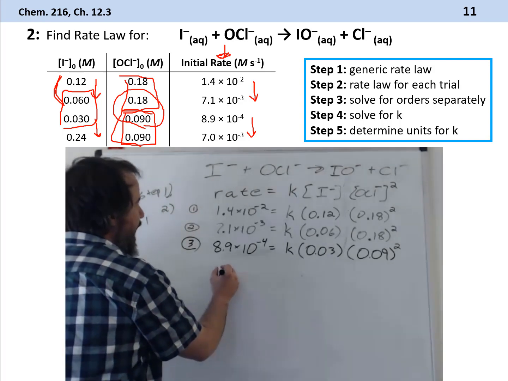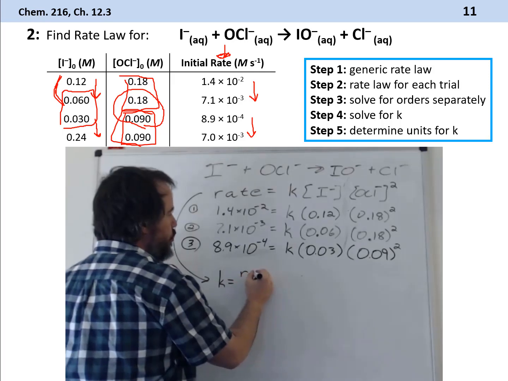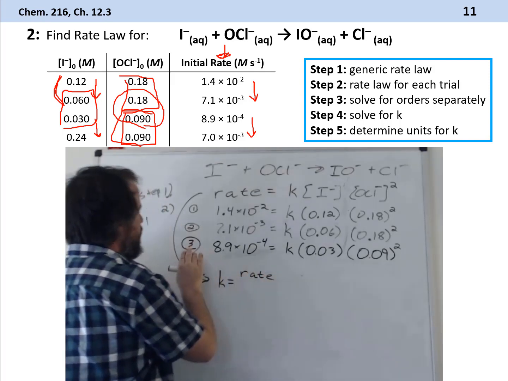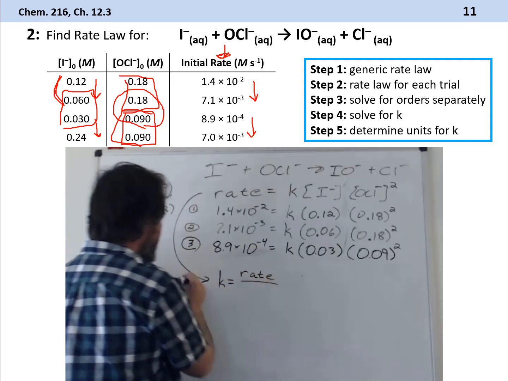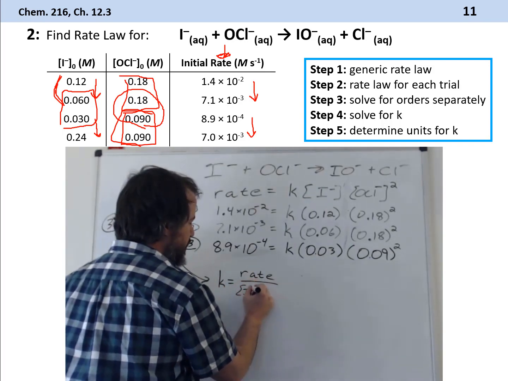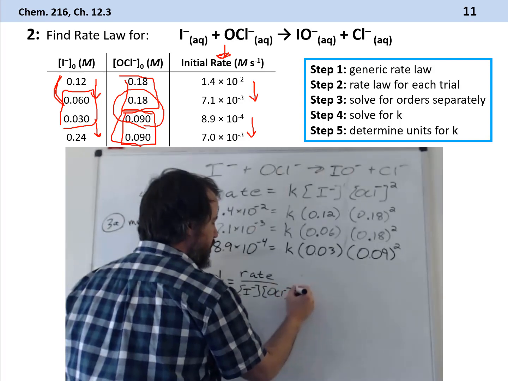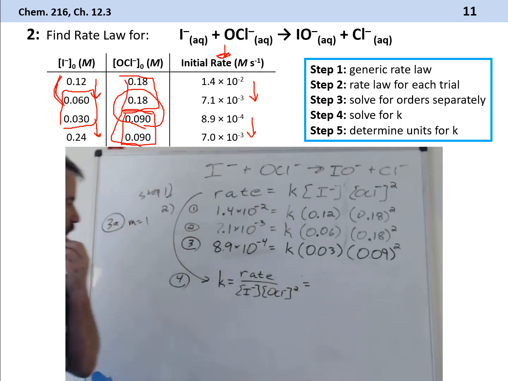Because my k is going to be equal to the rate over I minus times OCl minus squared. Okay? Now I can go ahead and plug them all in.